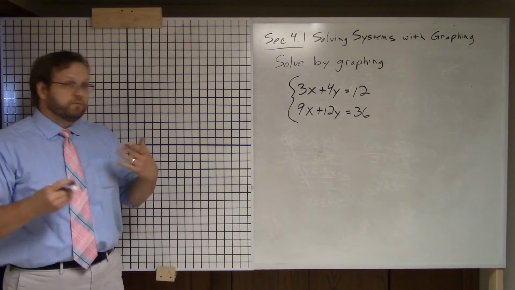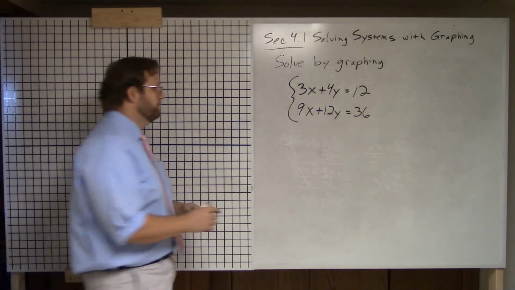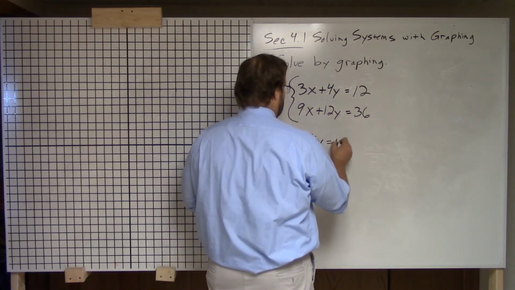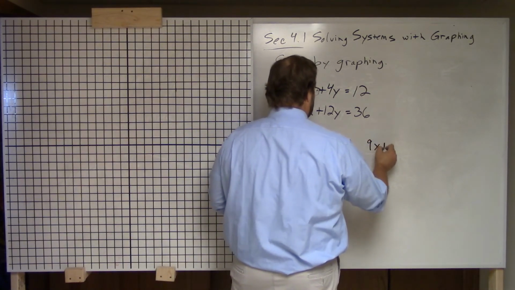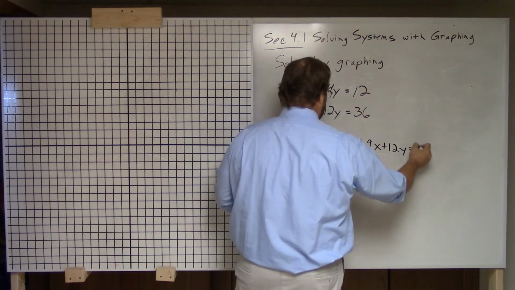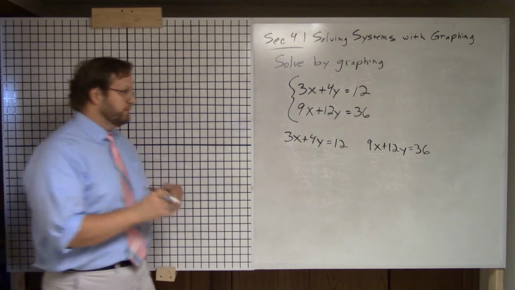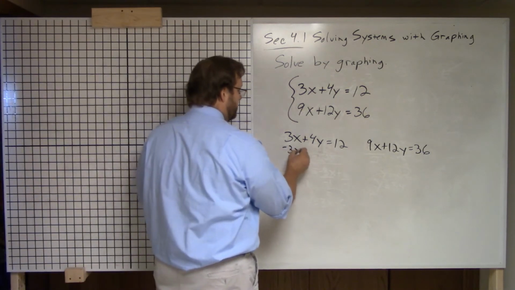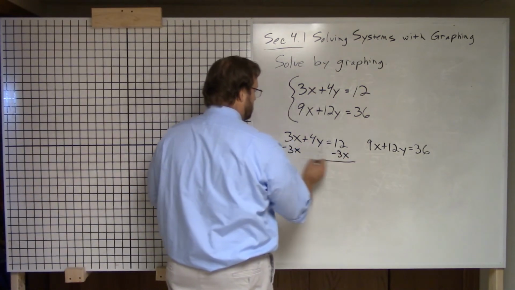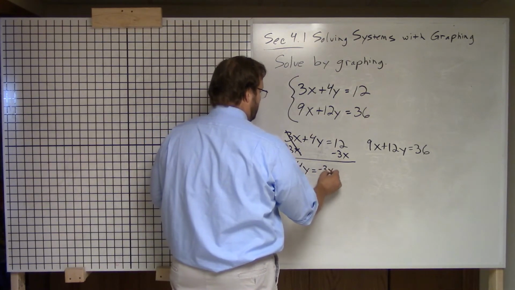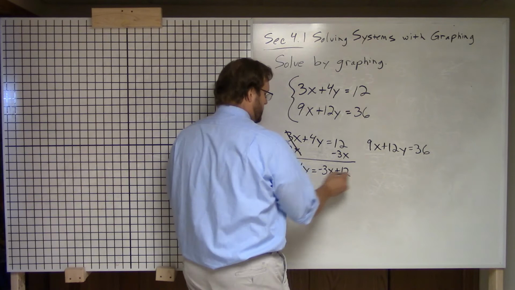Okay, first thing, get them in a graphable form. Okay, solving for y, subtract 3x. Divide by 4.